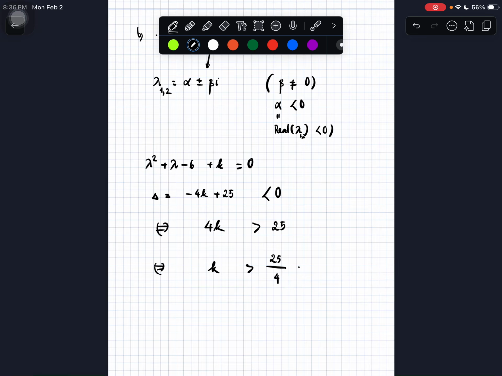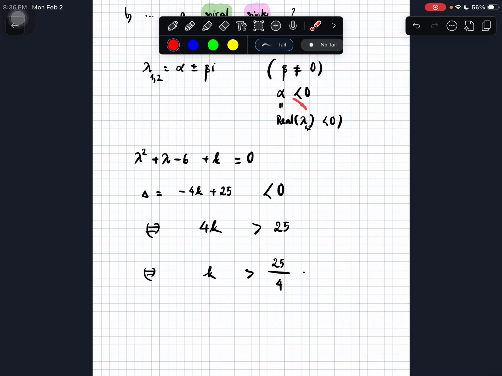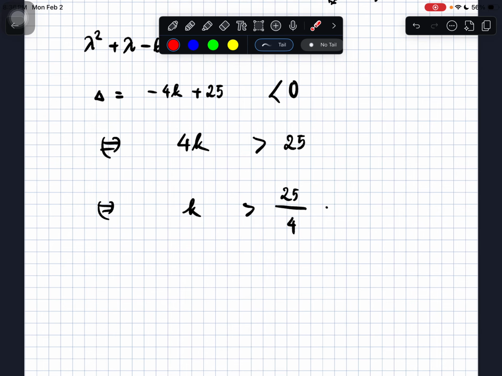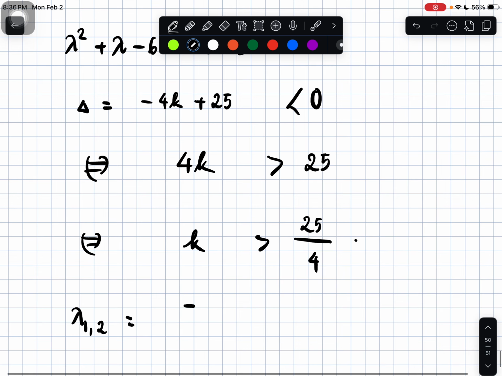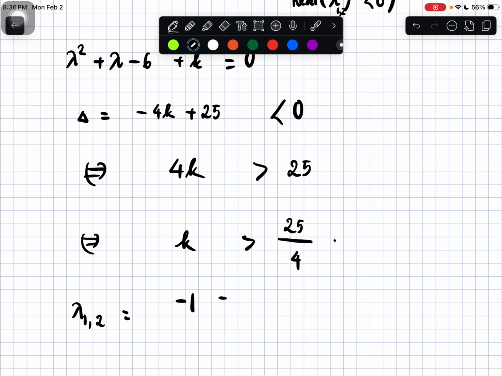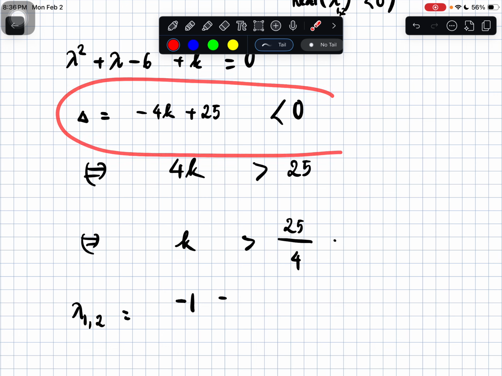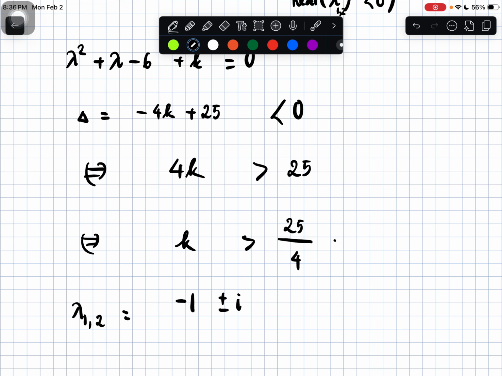The second part, we need the real part to be negative. So the eigenvalues lambda 1, lambda 2 are minus b plus or minus, this delta is negative, so plus or minus i square root of minus this, so 4k minus 25, divided by 2.